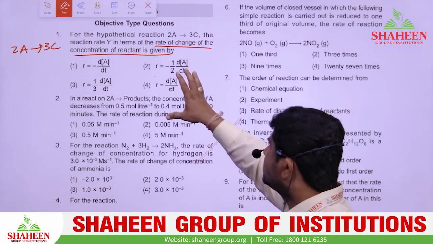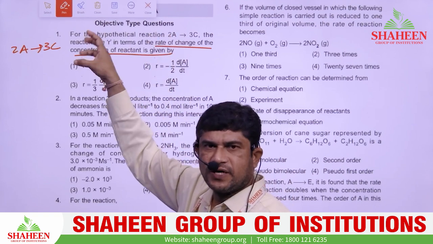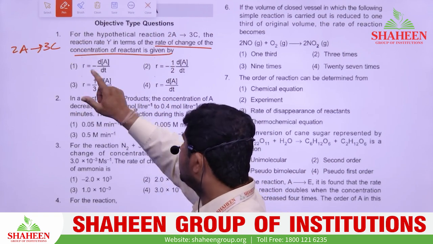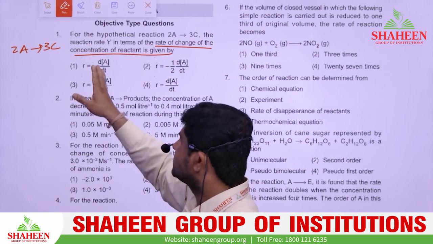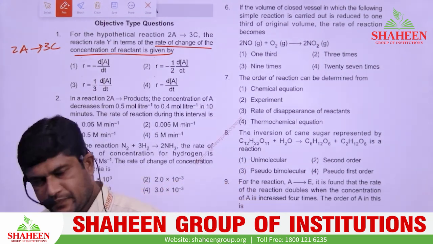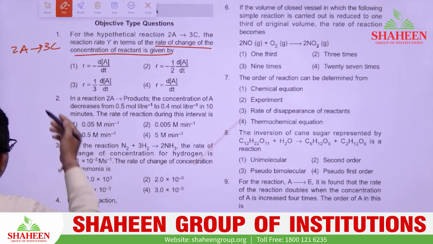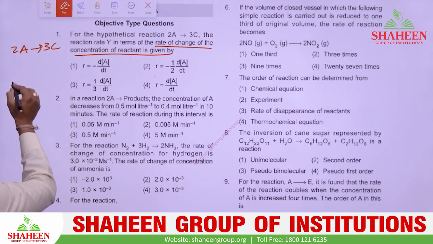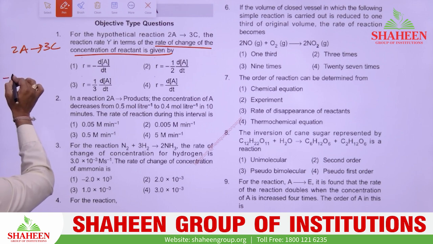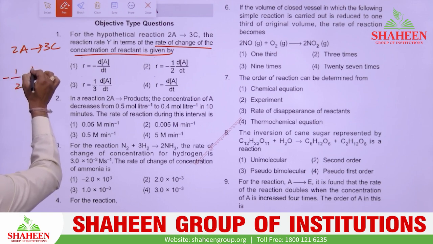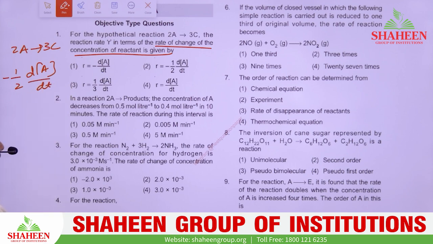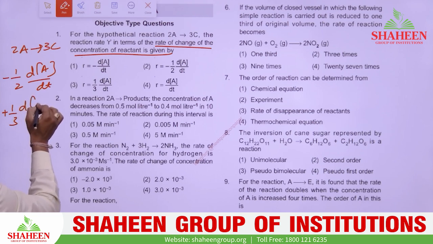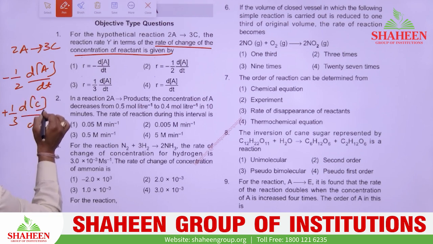If we want to express the rate of reaction using reactant, we use a negative sign, and in case of product we use a positive sign. So the rate expression becomes, in case of reactant, minus 1 by 2 dA by dt, and in case of product, plus 1 by 3 dC by dt.